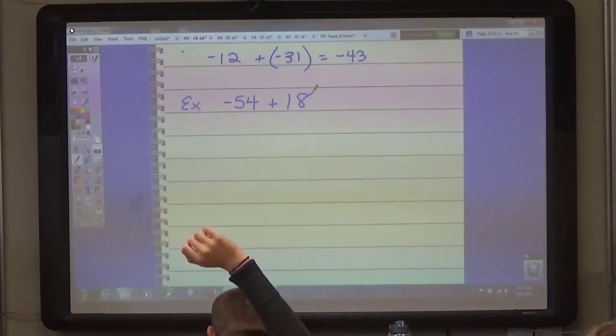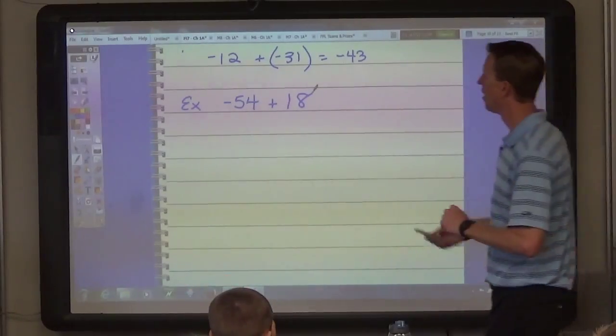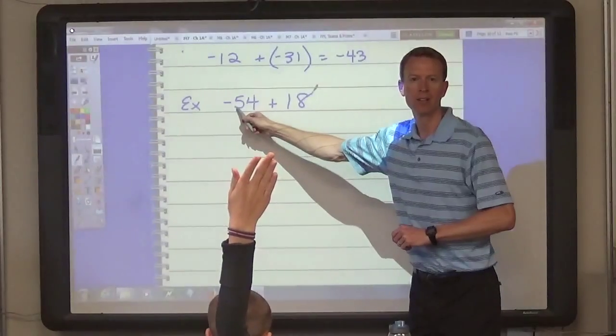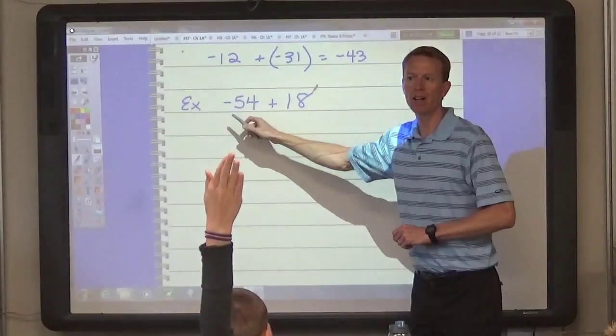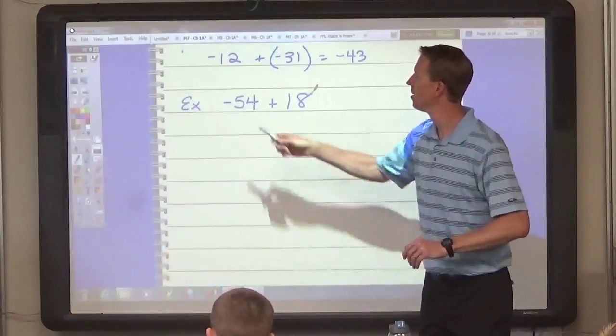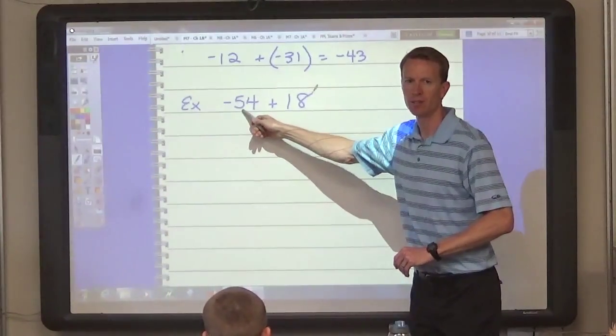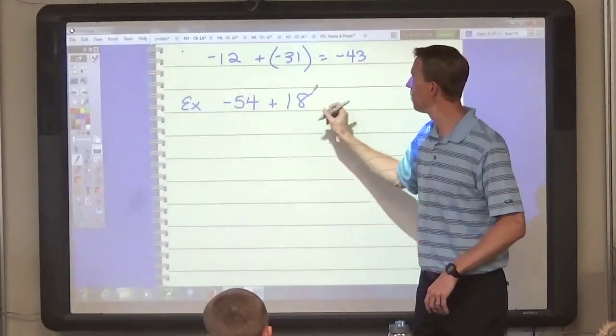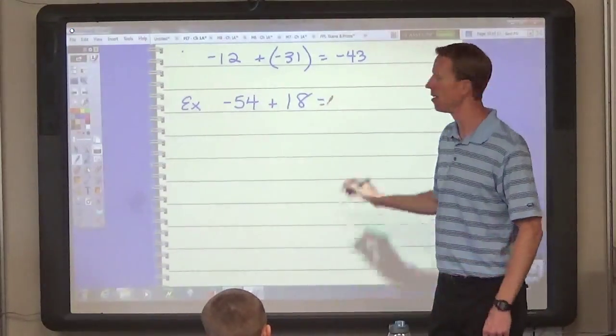Emily? Add them? Well, one is positive and one is negative. Which one has the greater absolute value? Laura? Negative 54. Negative 54. So we're going to have to find the difference between these two and then make our answer negative.